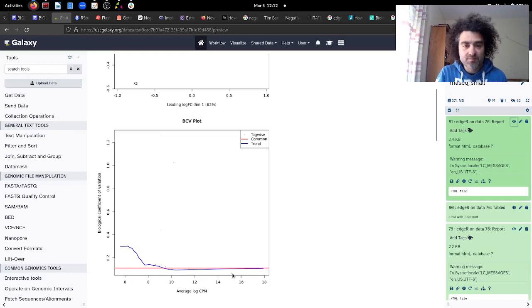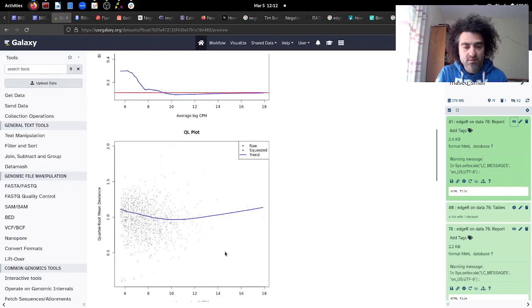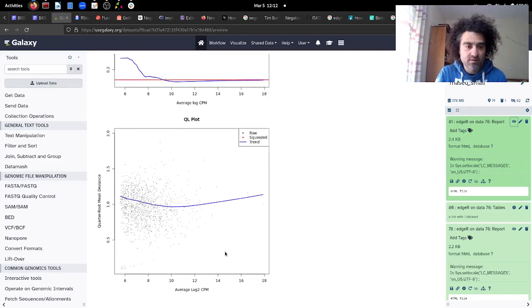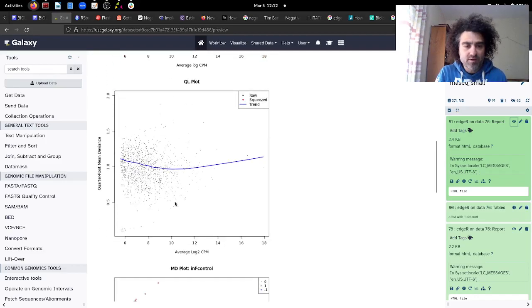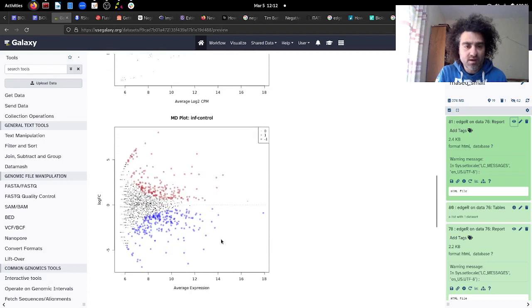And then this increases, or the variance decreases as we go to higher expressed genes here. This is another measurement of similar things.